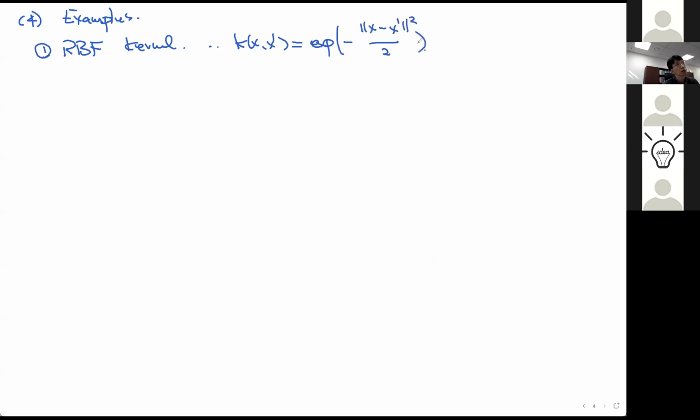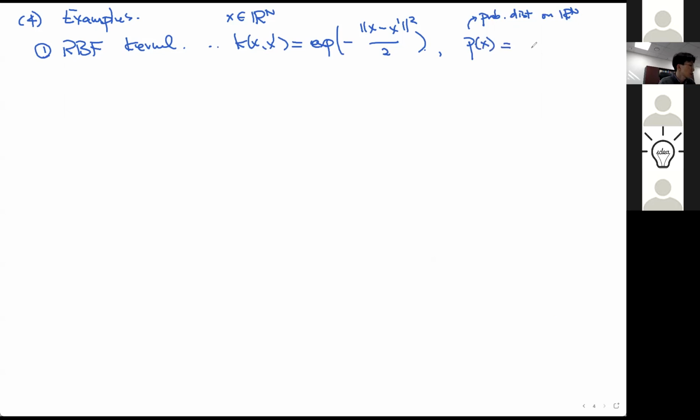Then we may ask, what is the corresponding P? Here x lives in the space R^n, so P has to be a probability distribution on R^n. It turns out in this case it has a so-called density, and it really becomes a normal distribution.